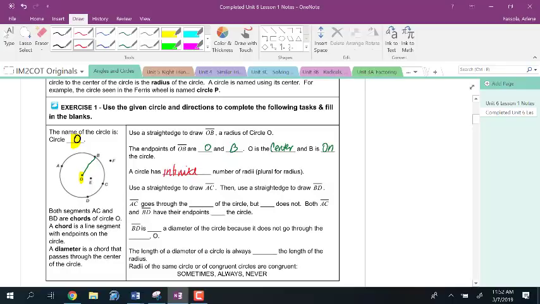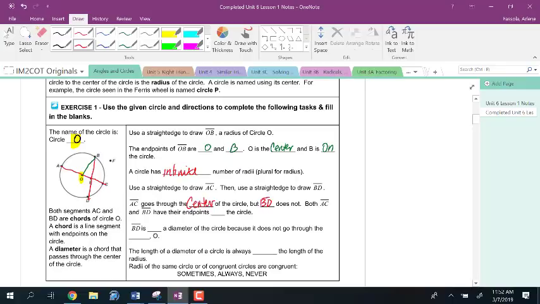Now if we draw in, using a straight edge, the segment A to C, and also B to D, we notice that AC goes through the center of the circle, but BD does not.